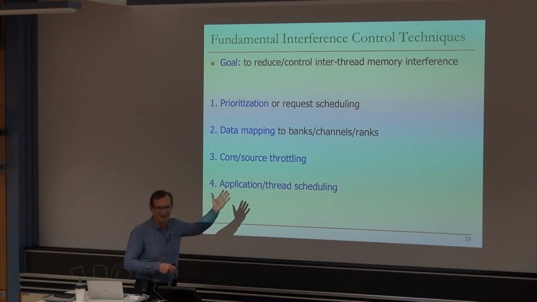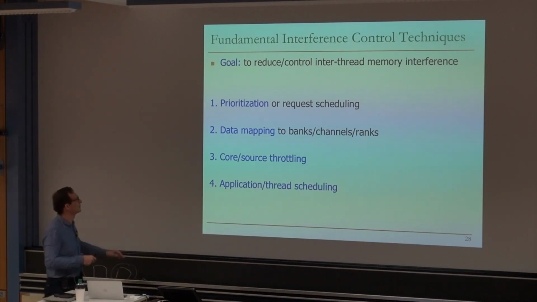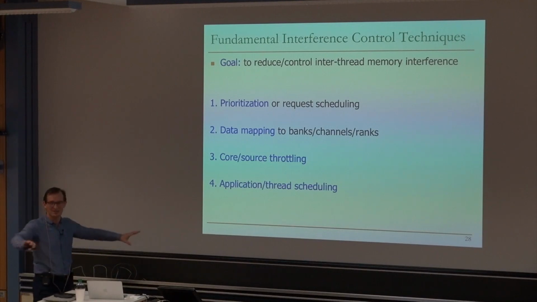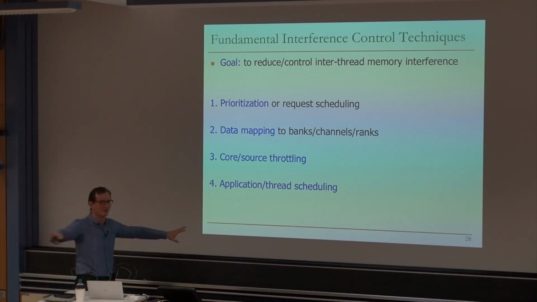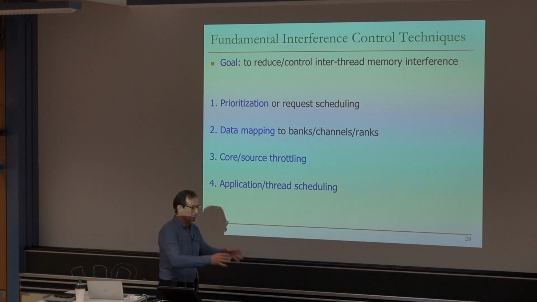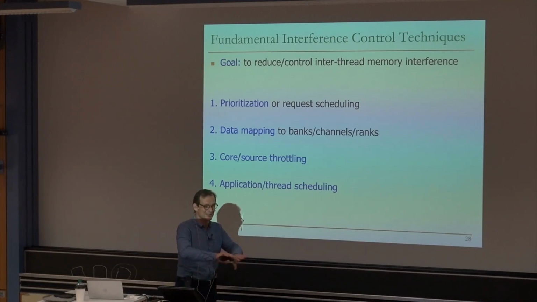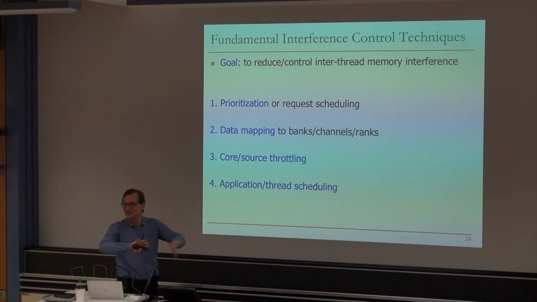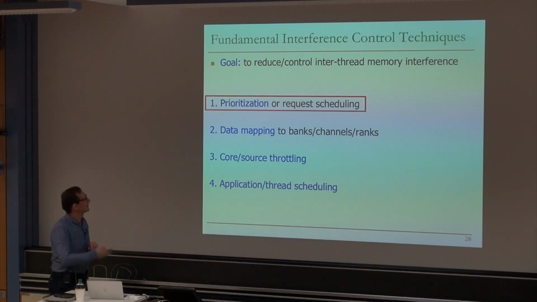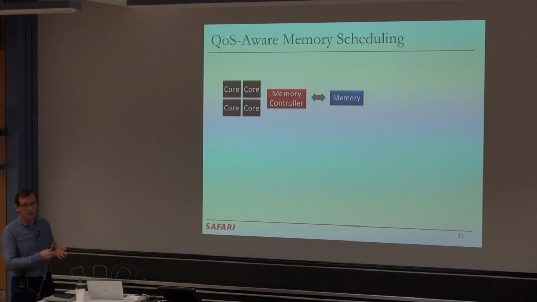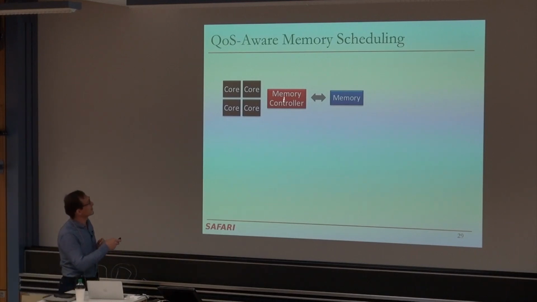Prioritization is one example, and that's very easily applicable to human life, right? Data mapping, you can partition resources between different people such that people who interfere badly with each other when they need a resource don't actually try to access that resource at the same time, right? Okay, anyway.